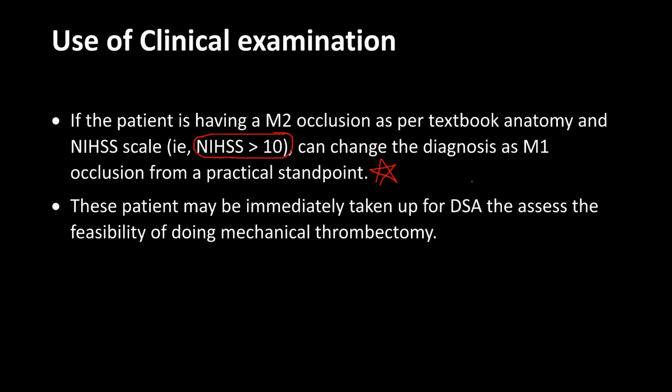If you have those signs, always go through the neurovascular imaging once again, and if possible the patient can be taken up for digital subtraction angiography to assess the feasibility of mechanical thrombectomy.